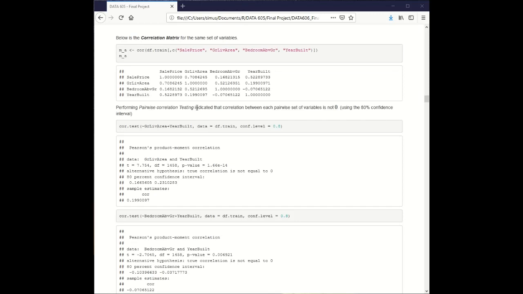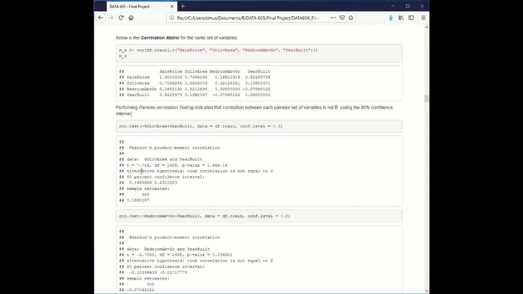However, my testing indicated that's not true, using the 80% confidence interval. I'm using the cor.test R function to do the testing. For example, comparing the pairwise correlation of ground living area and year built, we see that even though the correlation value is small, it's still not 0.